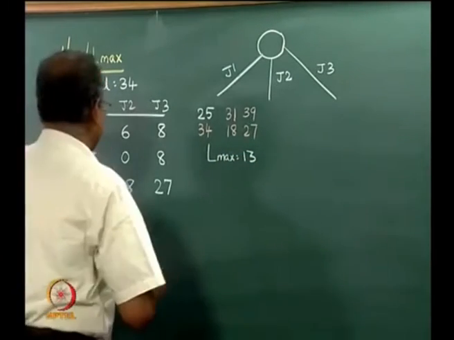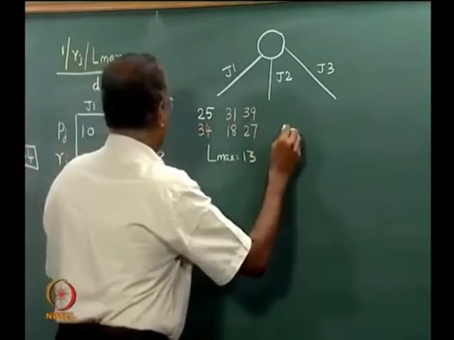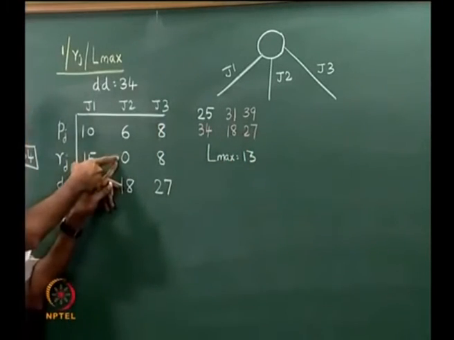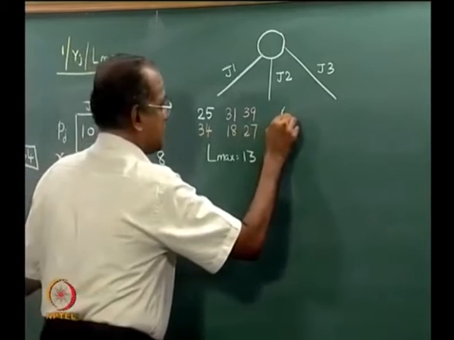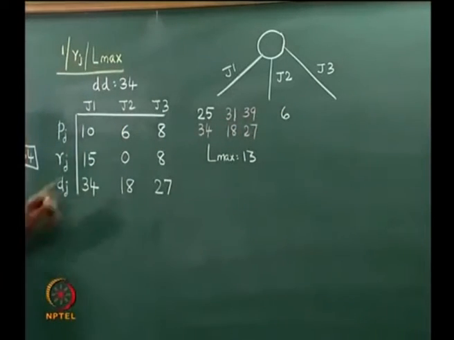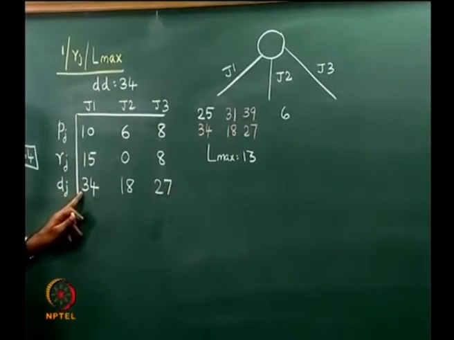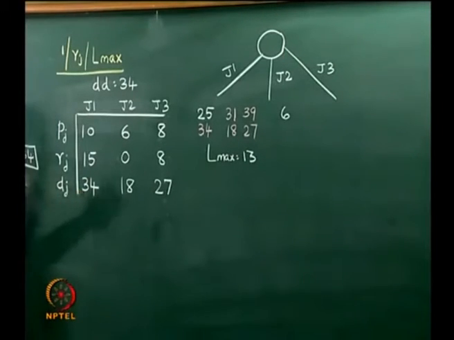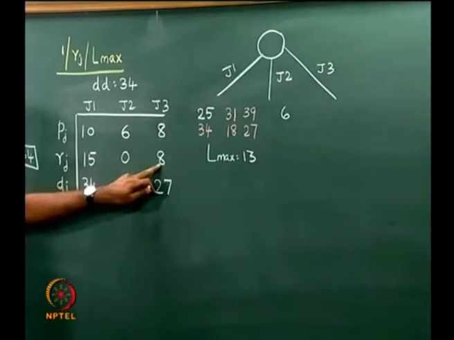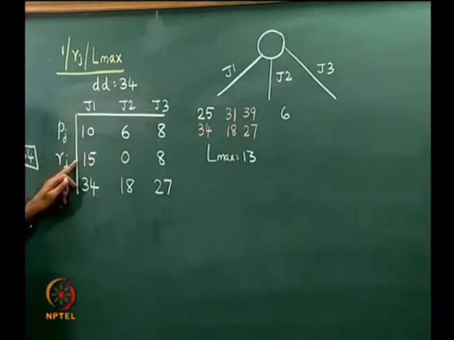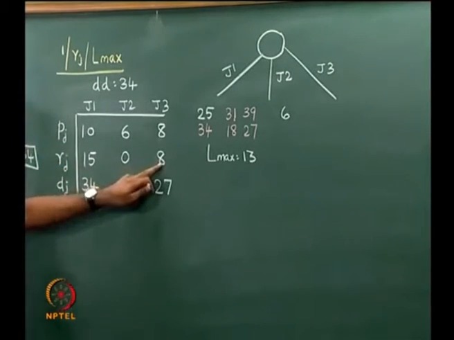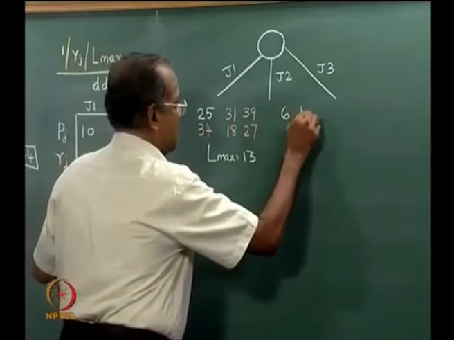Now, when we start with J2, J2 is available at time equal to 0, so it will finish at 6, and then J3 and then J1 by the EDD rule. Now, this is available at 8, this is available only at 15, so you have to definitely wait till 8. So, 8 plus 8 16.